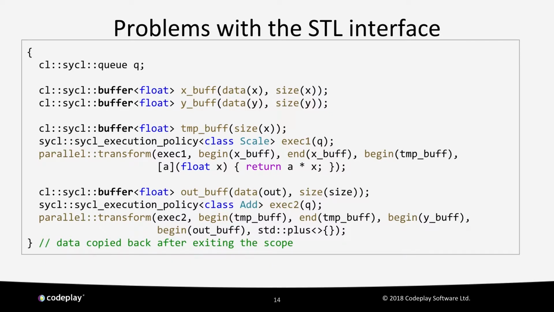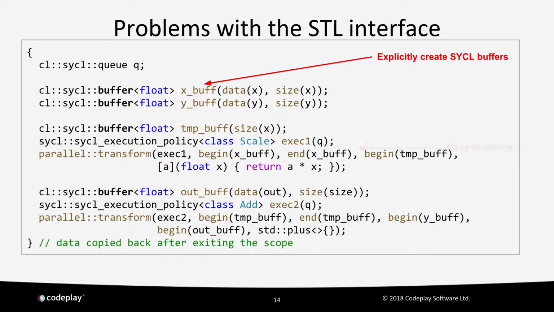A buffer is like a container in that it owns its objects, but it resides on the device, and so we explicitly create them and initialize them with the data in our x and y.